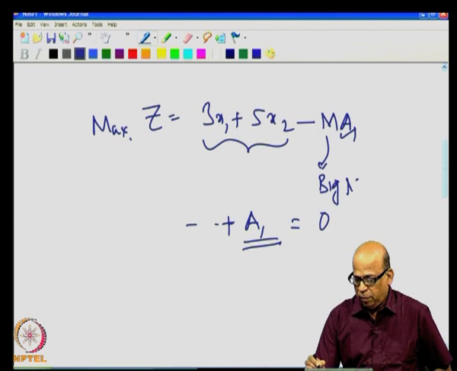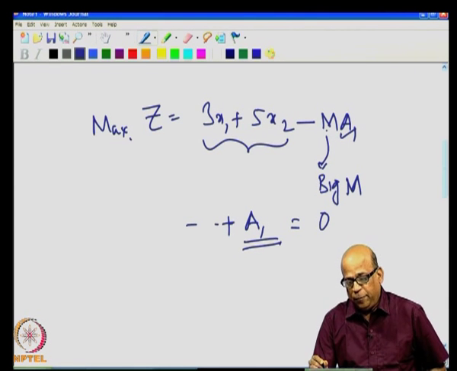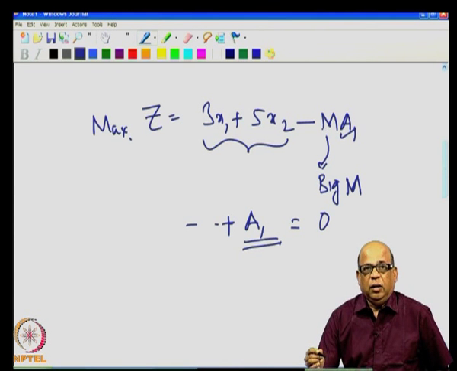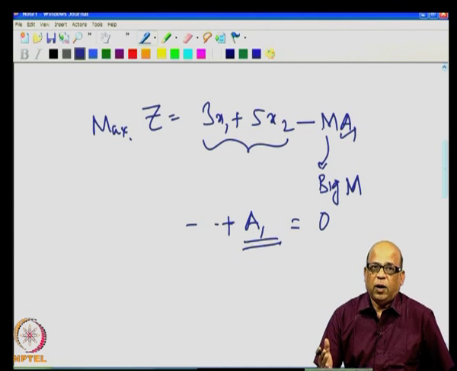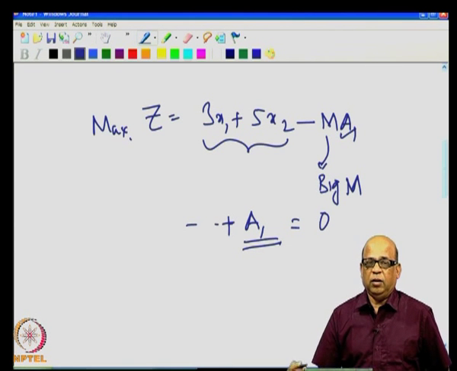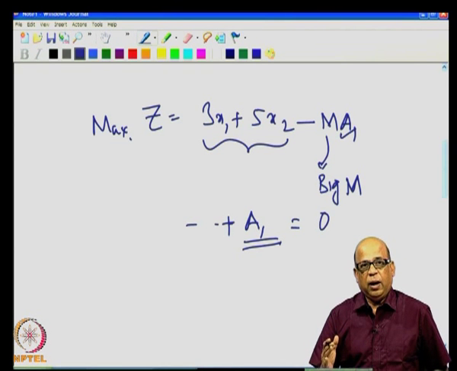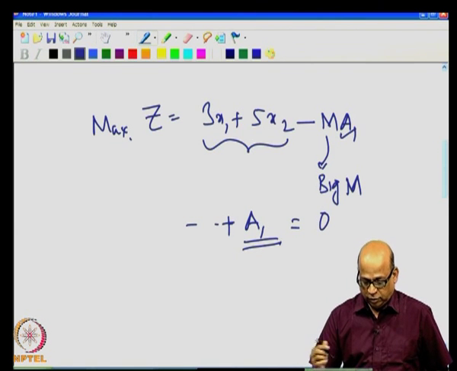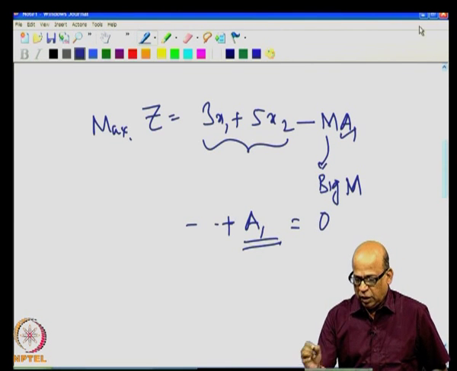So, this is a big M, which means the value of M is much larger compared to any of the coefficients, any of the values that you get in the iterations in the simplex. Big M is so large that it is much larger than any of the values that you are getting in the iterations.